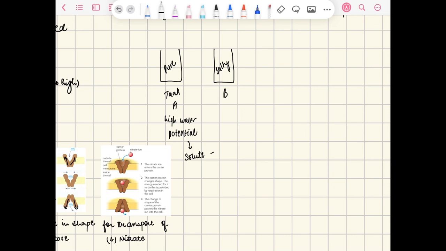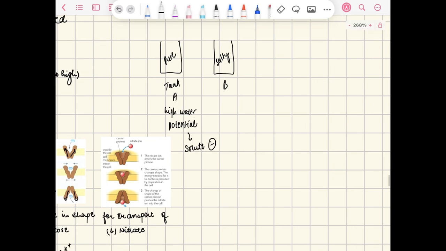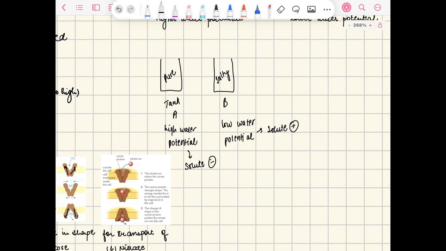Solute is absent. But tank B has low water potential with respect to tank A because it has a solute added in it, which is salt. So water potential, if we take into account the solute presence and the pressure, is from high to low.